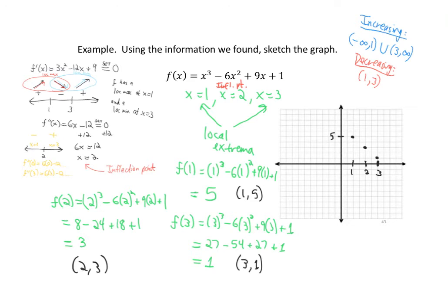What does that look like? Well, let's do a little scratch work. Decreasing and concave up. That's going to look like that. That would be this part here, between 2 and 3. What about between 1 and 2?